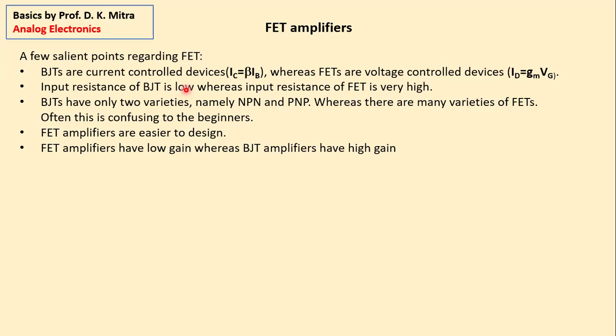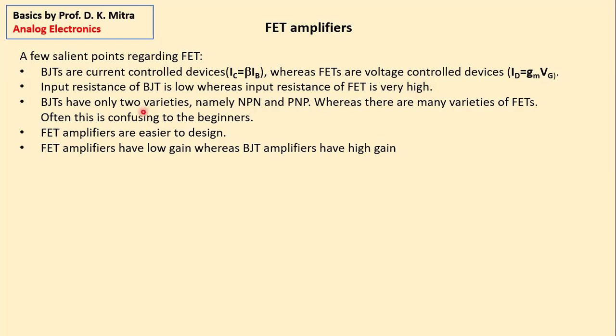Whereas in a FET, being a voltage device, the current flowing into the gate-source junction is nil, zero. So the input impedance of a FET is very, very high. That is why a FET amplifier is preferred when you want input impedance to be high.